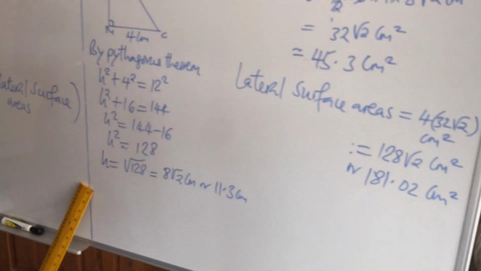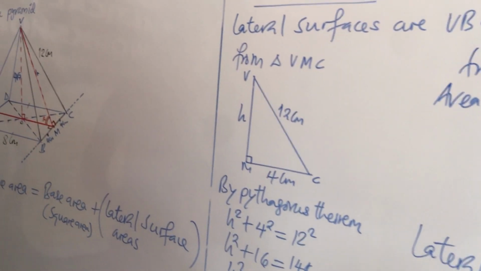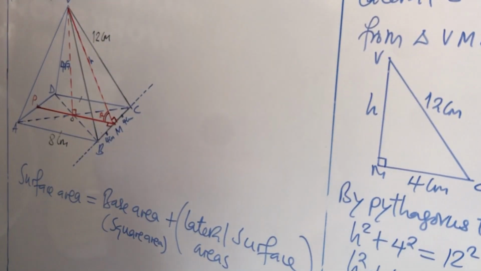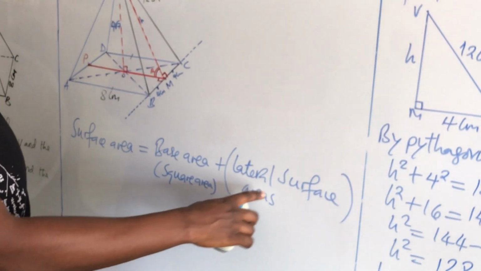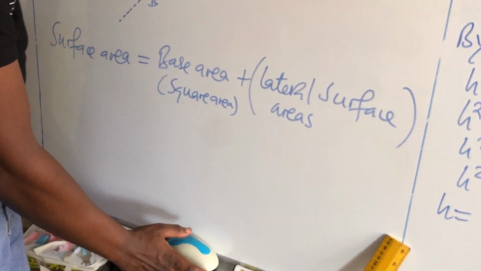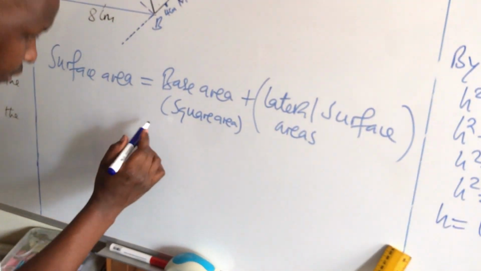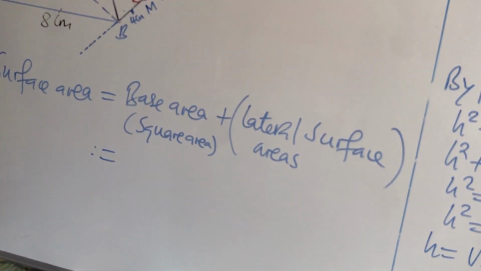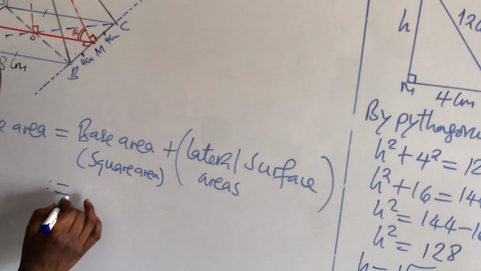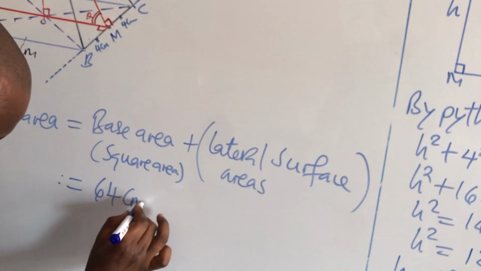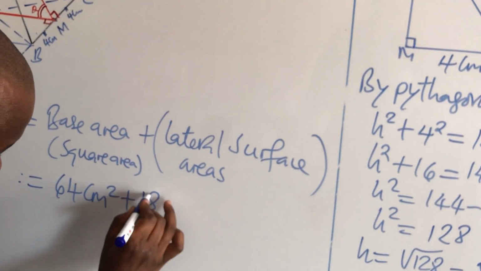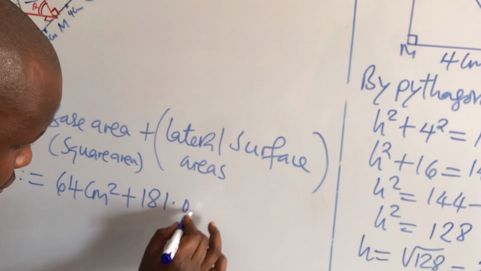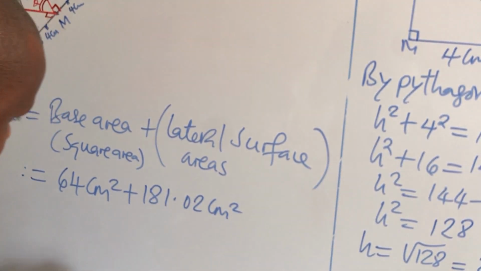So now coming back to the surface area of the whole pyramid, that's the base area plus the lateral surface area. So we can just place them here, like the base area here was 64 centimeters squared. Now we add it with the lateral surface area, which is 181.02 centimeters squared.